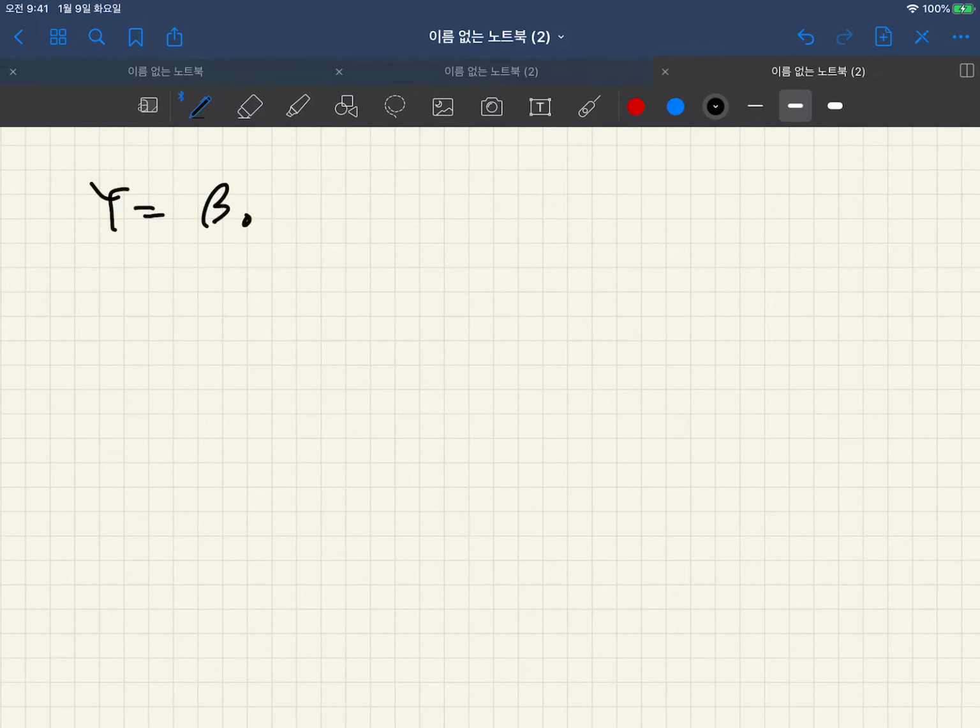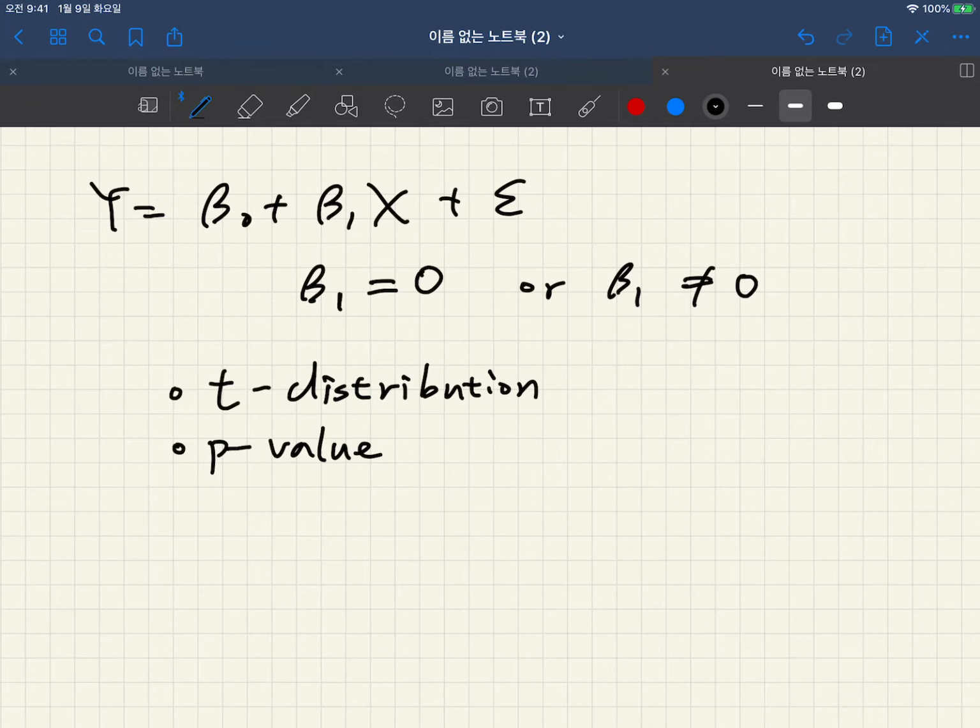What is the t-distribution? Essentially, when you know the true variance of beta 1 hat, beta 1 minus beta 1 hat over the variance of beta 1 hat follows the normal distribution with mean 0 and variance 1.